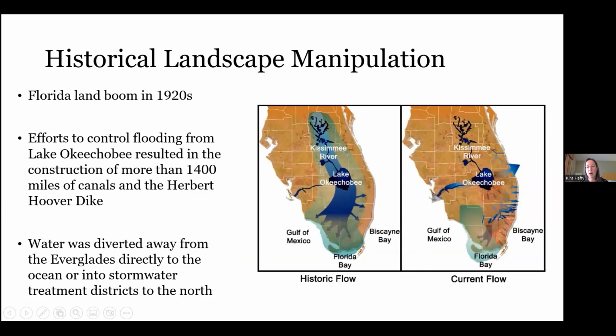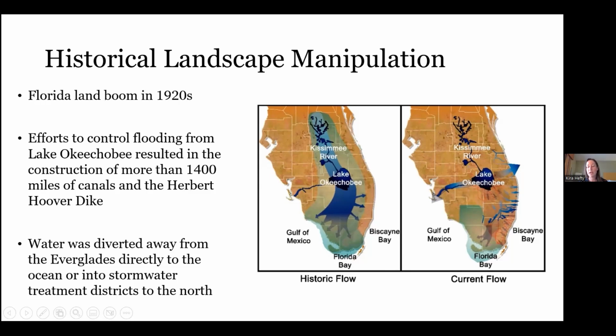But what was accomplished in the early 1900s essentially is the impedance of that water flow through southern Florida, and instead using this system of levees, ditches, and canals, that flood water primarily coming from Lake Okeechobee was funneled straight out to the ocean on both sides of Lake Okeechobee and was largely cut off through the Everglades.